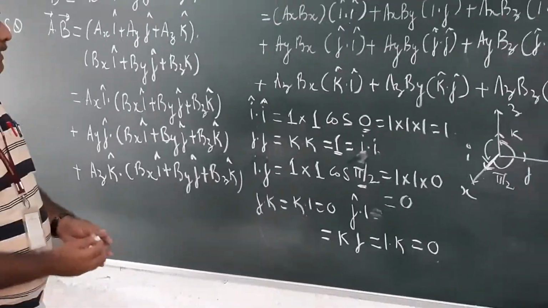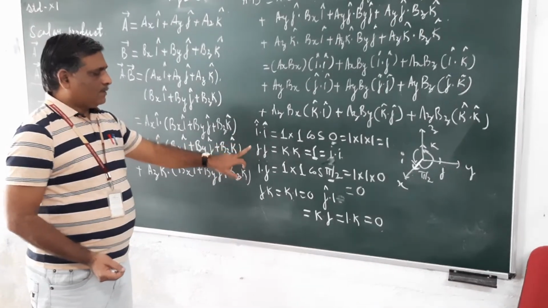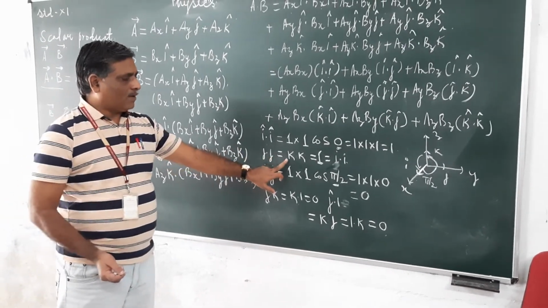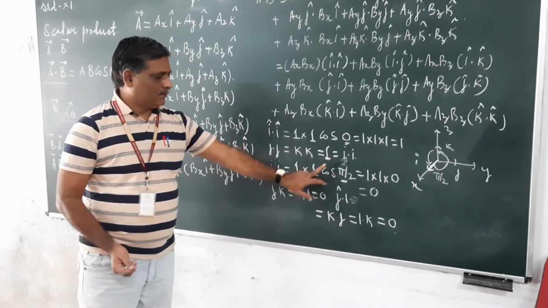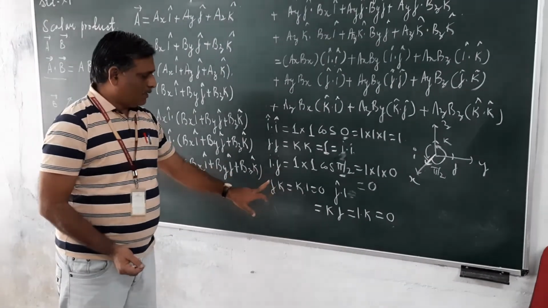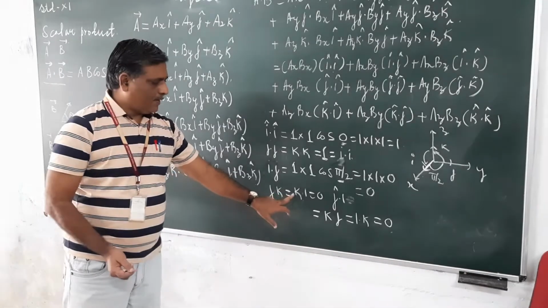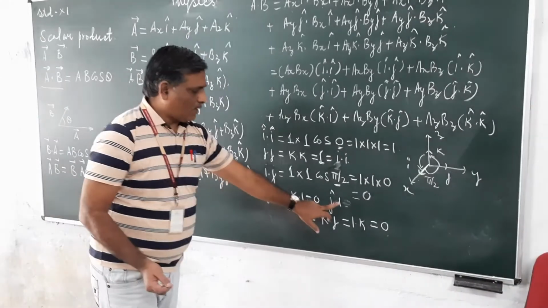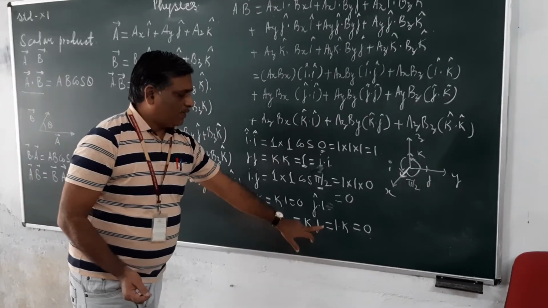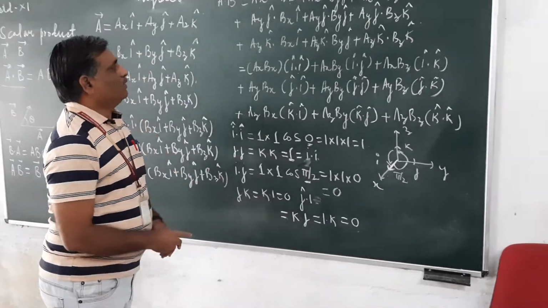So once again I say, I dot I, J dot J, K dot K is equal to 1. But I dot J, J dot K, K dot I, J dot I, K dot J, and I dot K are equal to 0.